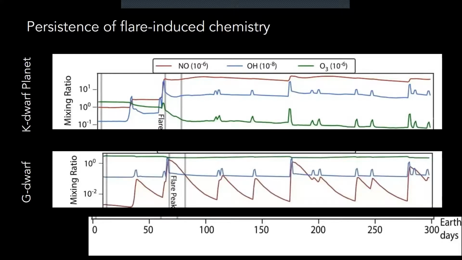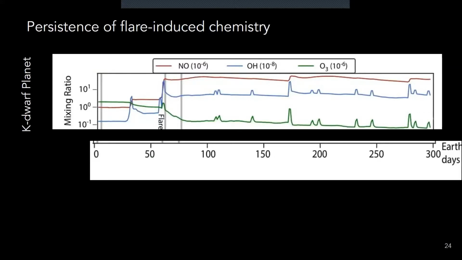Compared to the G-dwarf planet scenario, in which the chemical abundances, specifically the NO and OH abundances, quickly return or try to return to baseline after a large flare, on the other hand, in the K-dwarf case, most of the chemical abundances, and more importantly for habitability, the ozone abundance, quickly deviate or get destroyed from the initially abundant state.